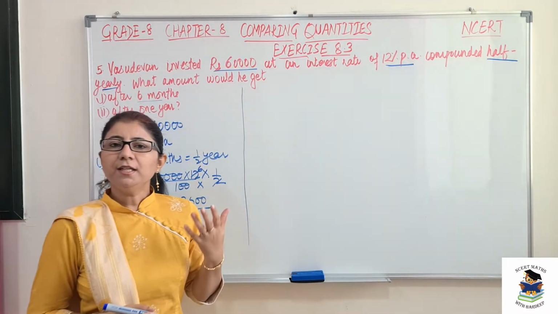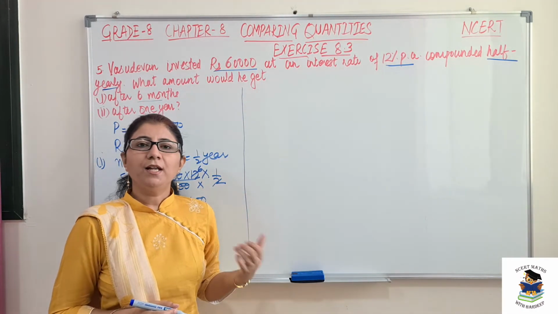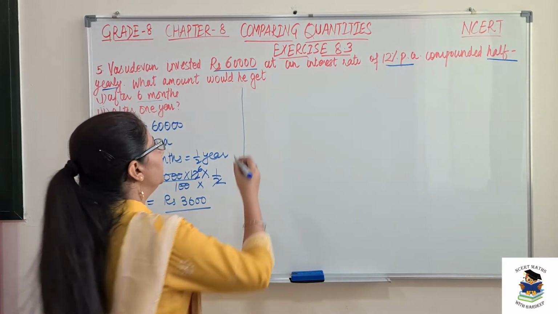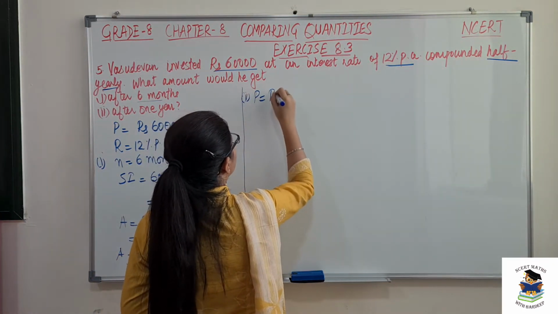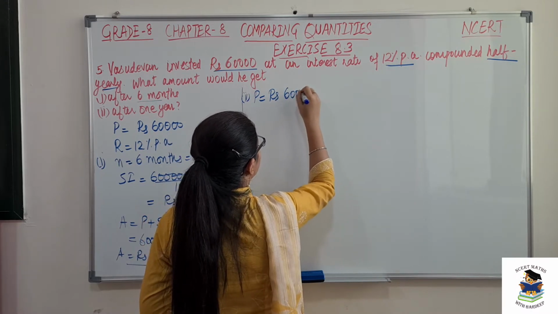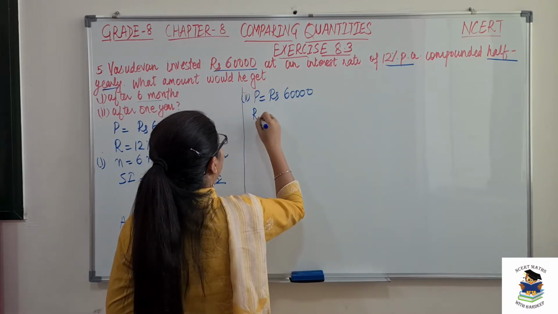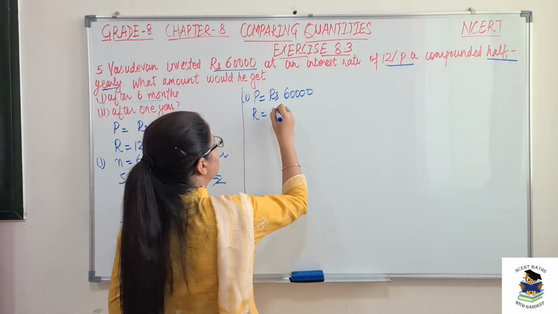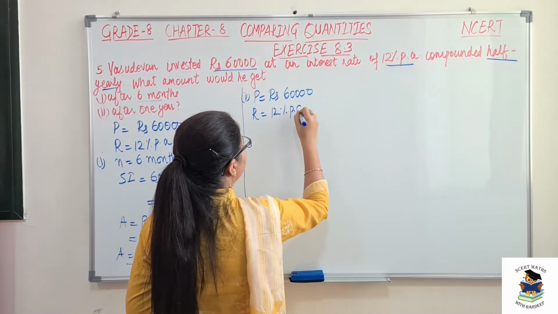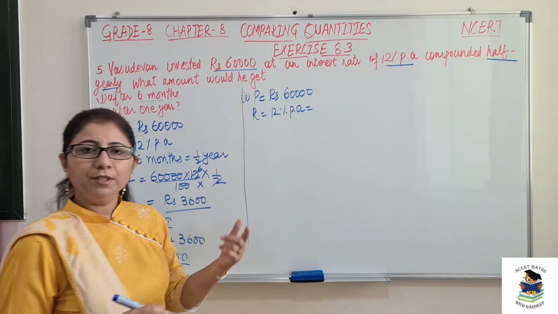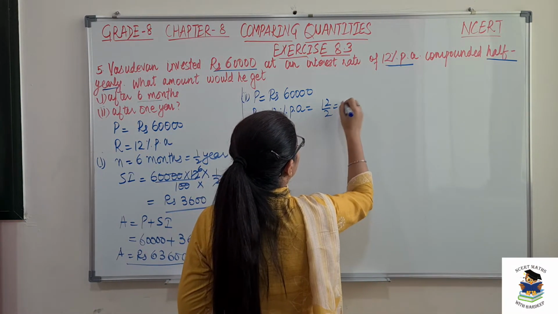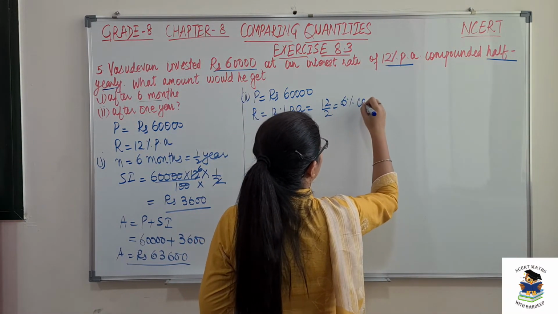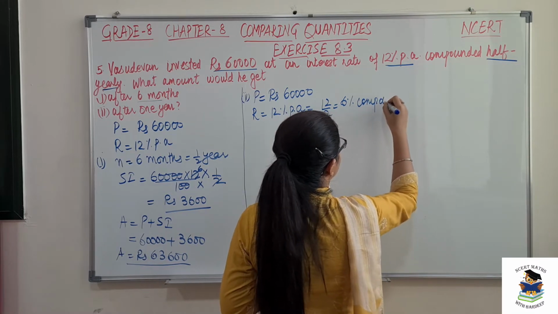Now let's see how this amount varies when it is calculated for 1 year. For the second part, P is rupees 60,000 and R is 12% per annum. If it is to be calculated half yearly, we will change this into 12 by 2, that is 6% compounded half yearly.